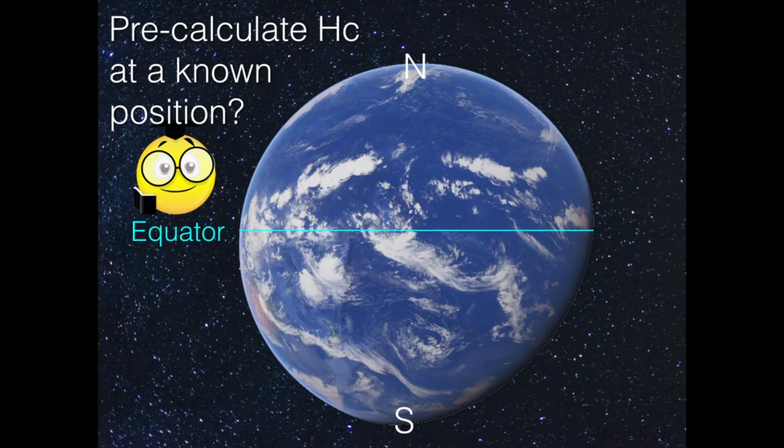And now the beauty comes, namely that we have some pre-calculated angles at known positions. So how does that work? How can you pre-calculate the angle that you should be measuring at a certain position? Again, we have our boat, we have our star, and we have the zenith distance in between us. What's different now is that let's assume that we know our position. So we have our latitude and our longitude, and now we want to calculate which would be the angle we need to see in the sextant.